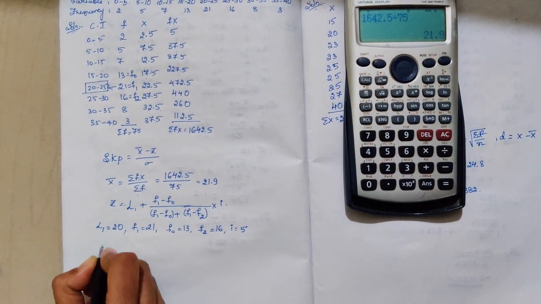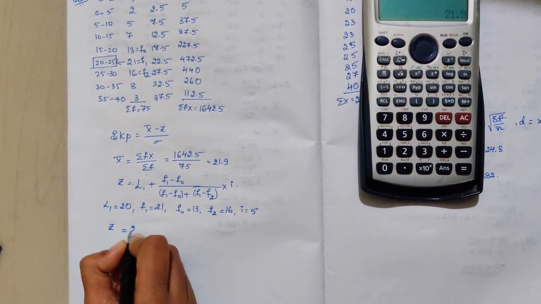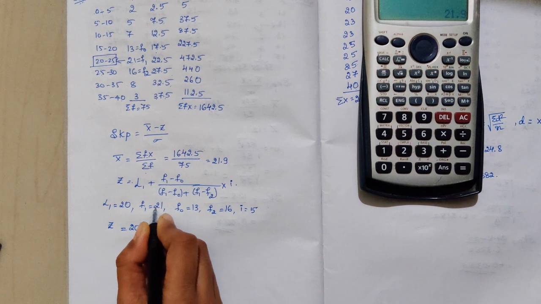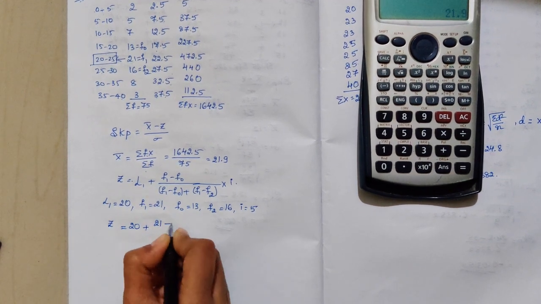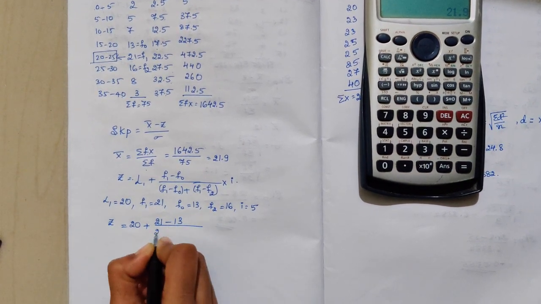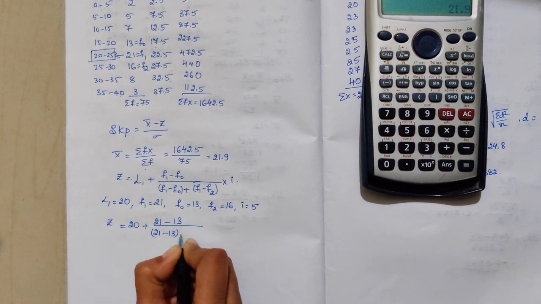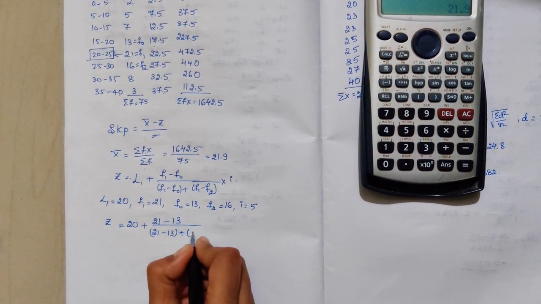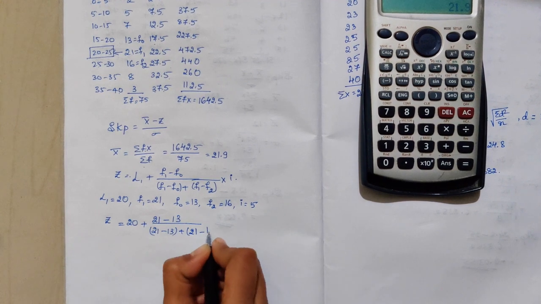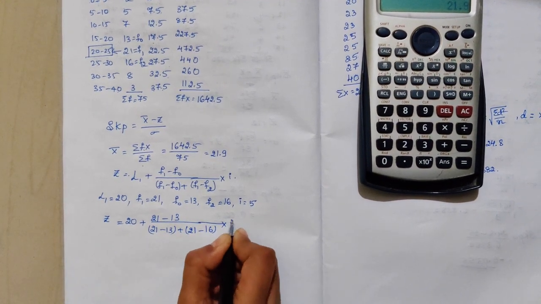So now substitute all the values here: z equals 20 plus 21 minus 13, divided by 21 minus 13 plus 21 minus 16, into 5.